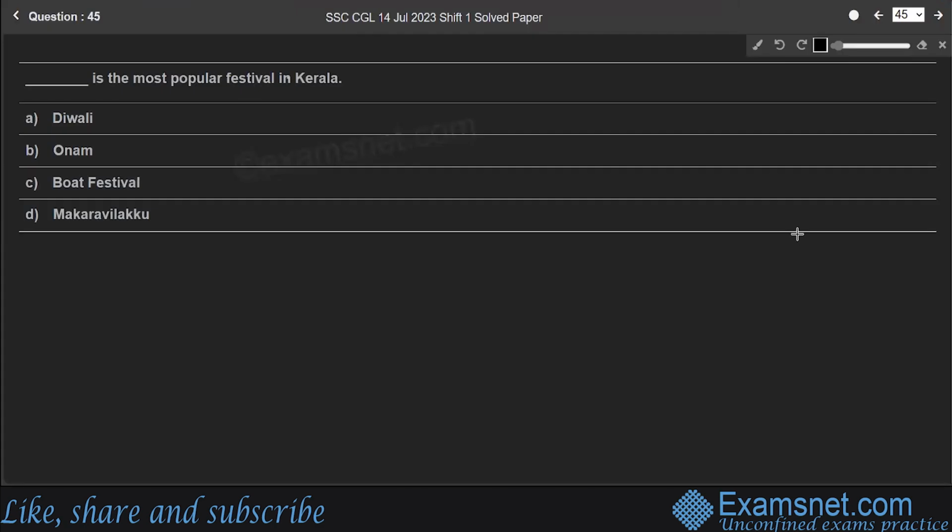Question 45. Dash is the most popular festival in Kerala. So option B. Onam is the most popular festival in Kerala. It is the harvest festival that commemorates the annual visit of mythical King Mahabali.